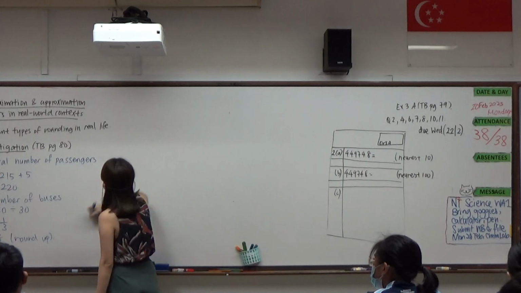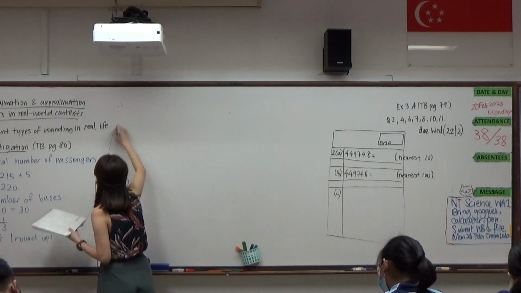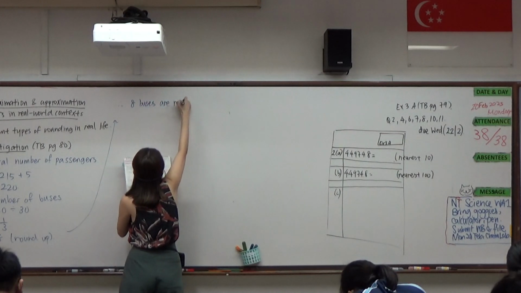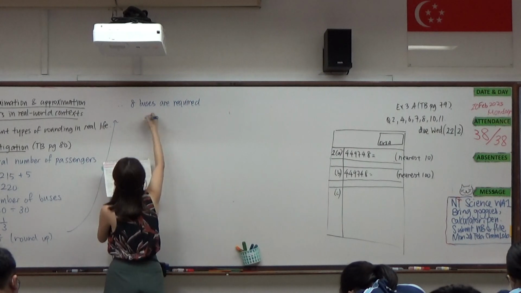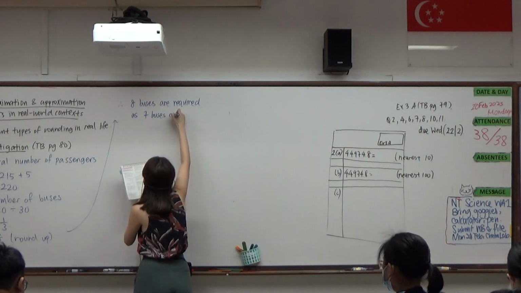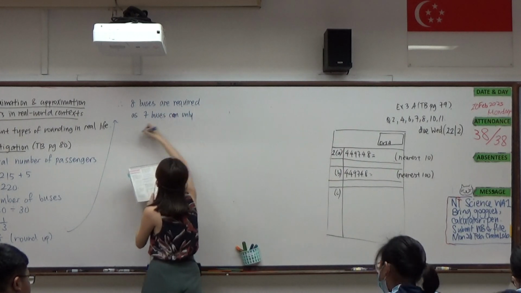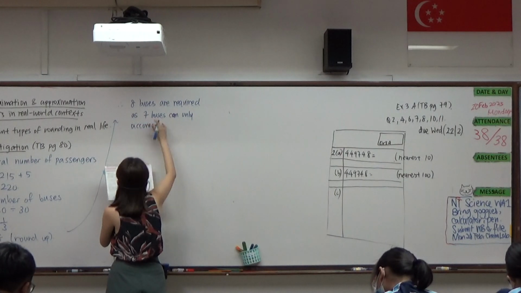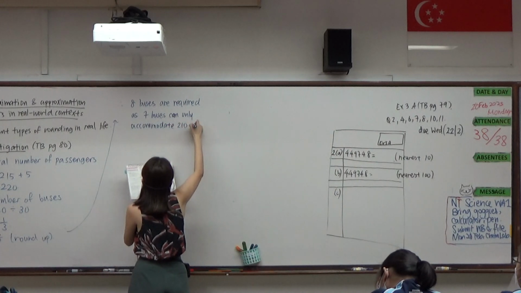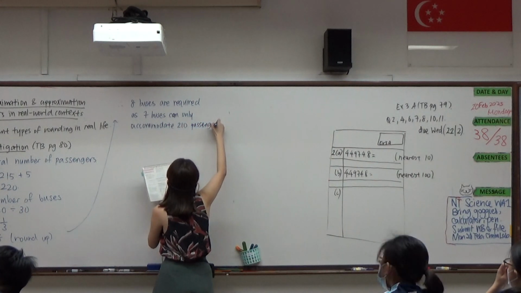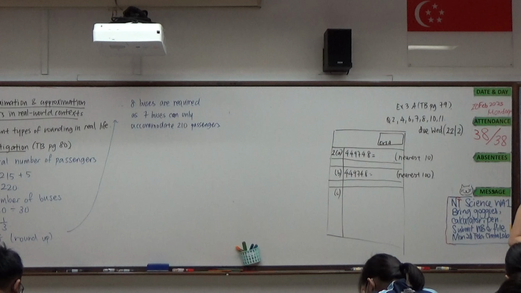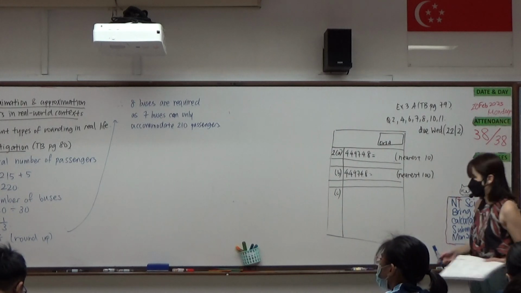So I continue up. 8 buses are required. And our reasoning is that 7 buses can only hold 210 passengers, or we have 220 passengers.